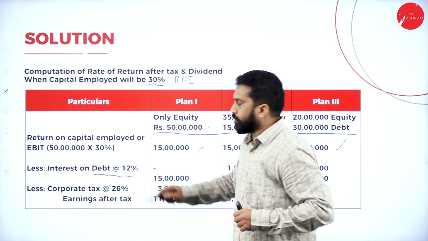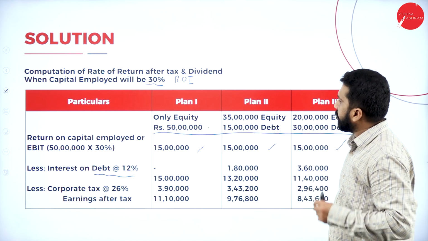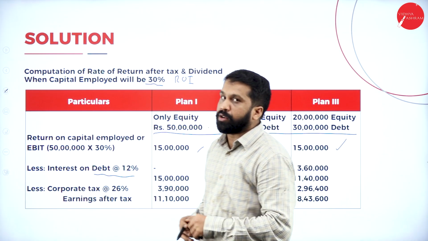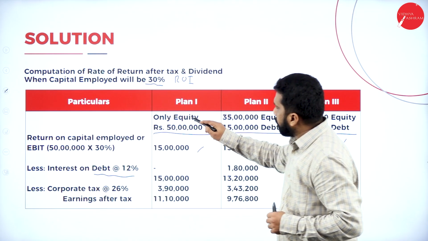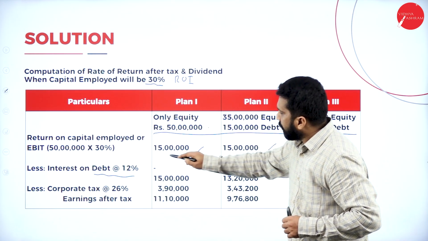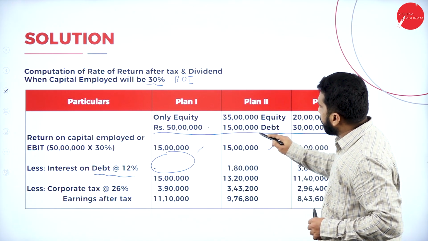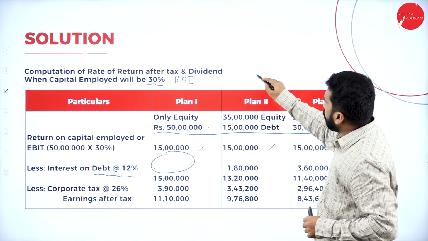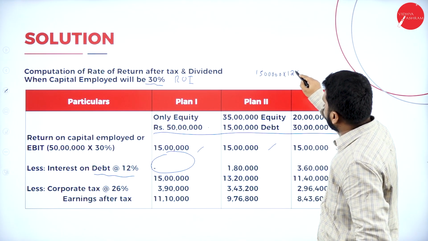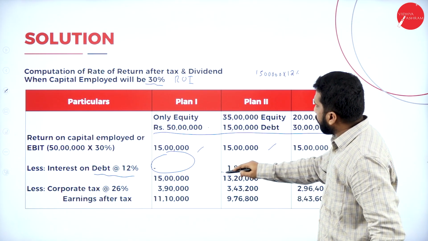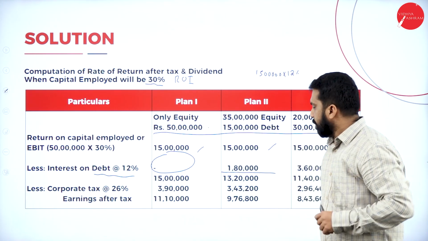Then, once you're done with your 15 lakh, what is the next one? Interest on debenture, 12%. Interest should be calculated only for what? Debenture holders. Do you have debentures in the first one? No. It will be 0. Do you have debentures here? Yes. You have 15 lakh debenture. 15 lakh into 12%. How much did you get? 1,80,000. 15 lakh minus 1,80,000.